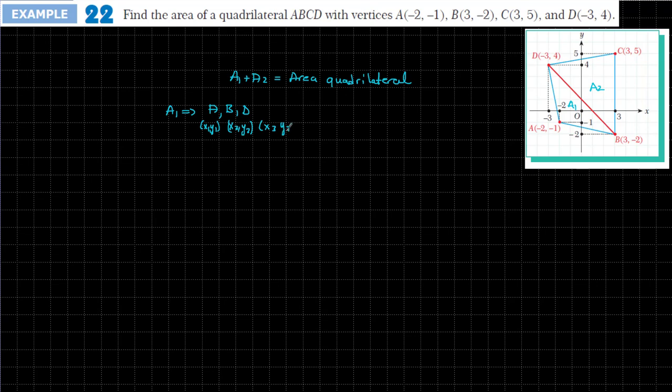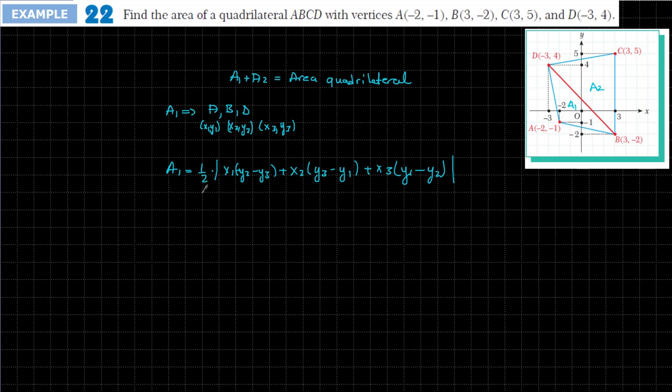And the formula, you remember, is 1 over 2 times A1 is equal to 1 over 2 times x1 times y2 minus y3 plus x2 times y3 minus y1 plus x3 times y1 minus y2, it has to be.